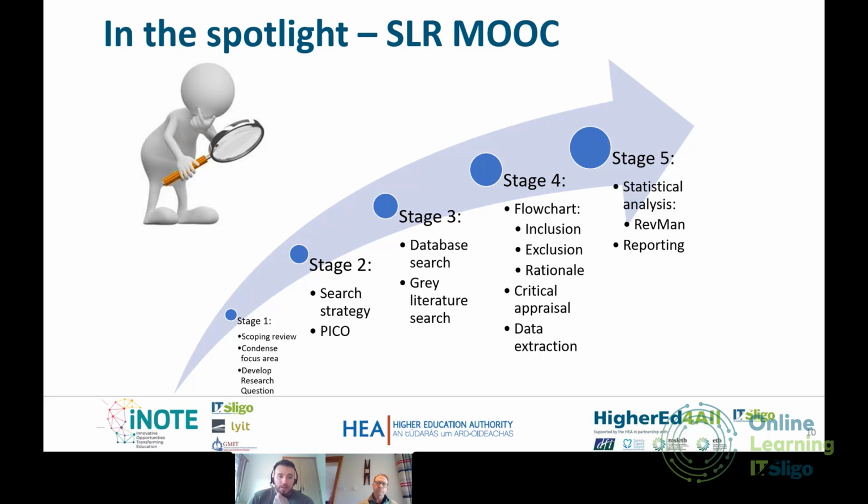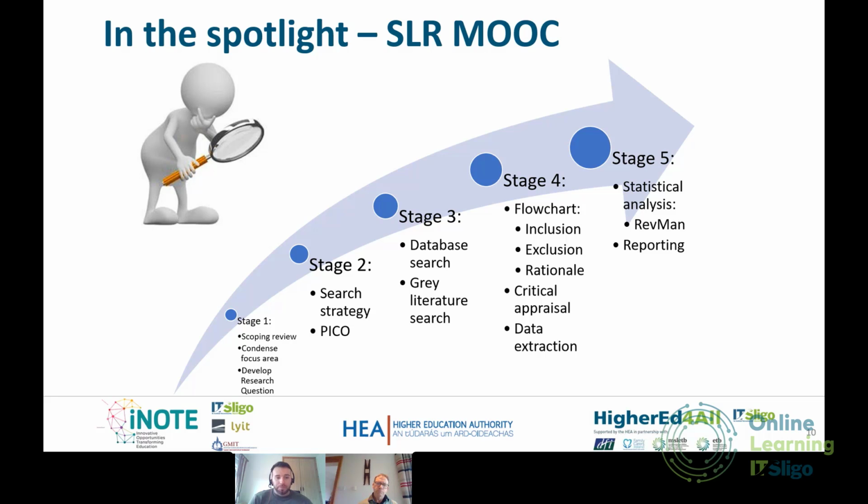Essentially, if you developed a table with 4 columns for your PICO, you would then put in all the most relevant search terms you could think of for each of those, and that becomes your search strategy.